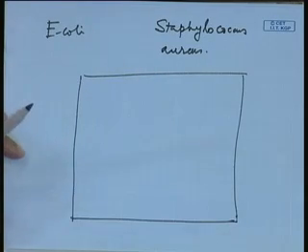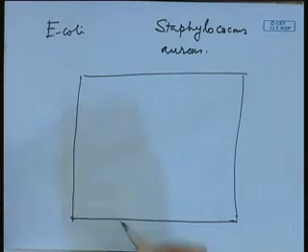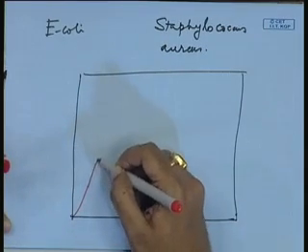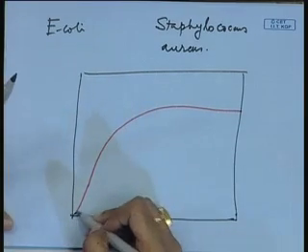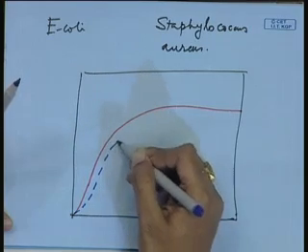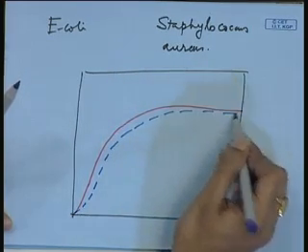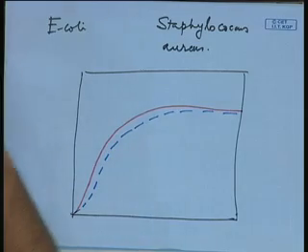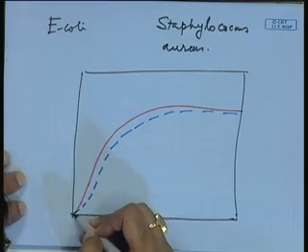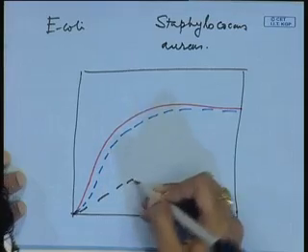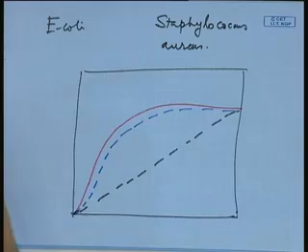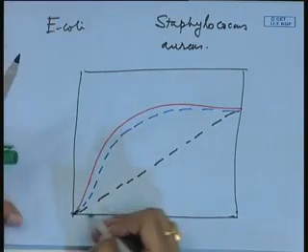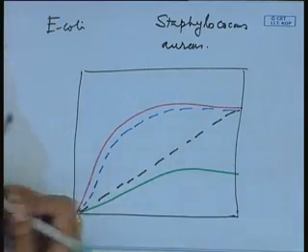So, let us see. This is E. coli, and this is Staphylococcus aureus, and this is Staphylococcus aureus mixture. Okay, I will explain everything.